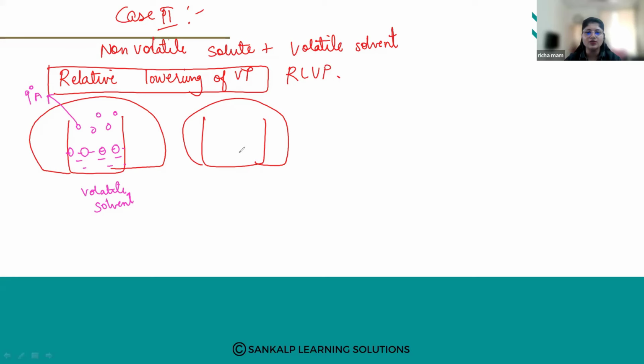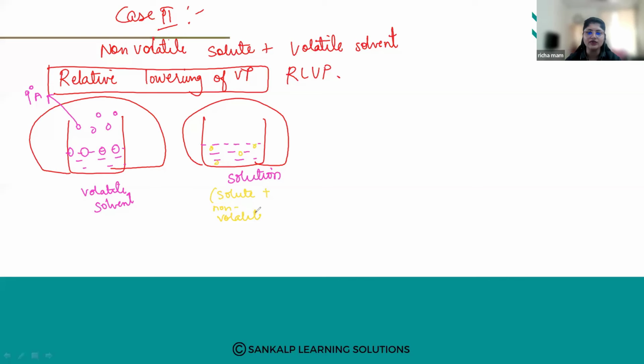Second condition, what is it? This is a solution. Okay, I have mixed the solute and solvent. Just see. So this is my solvent. Now I'll add the solute into this. So these are my solute molecules. So the solution consists of what? Solute, which is non-volatile.